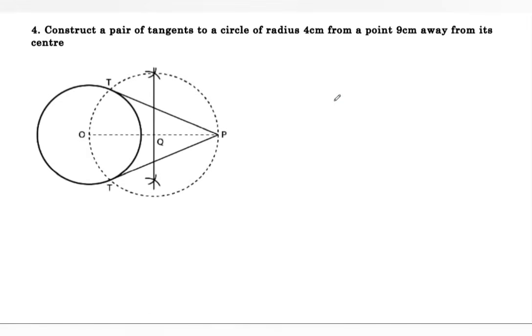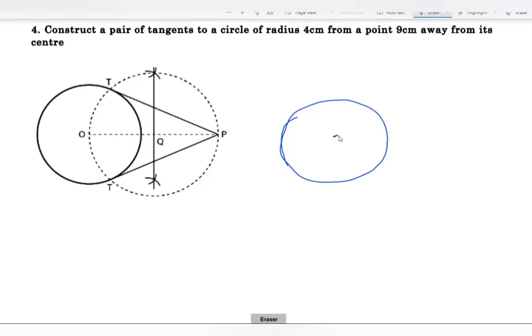Now students, do take the geometry box and I'll be explaining how to do this. Construct a pair of tangents to a circle of radius 4 cm from a point 9 cm away from its center. Now students, the first step is draw a circle of radius 4 cm using your compass.